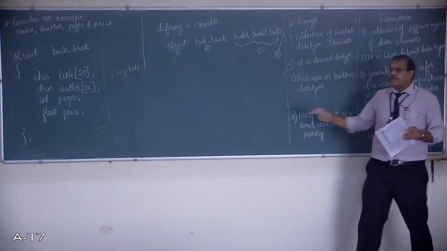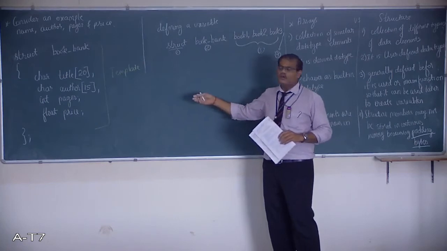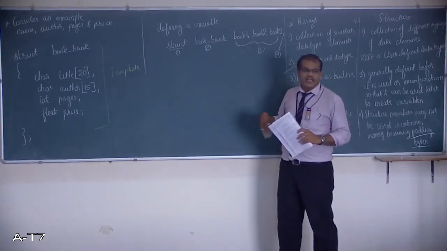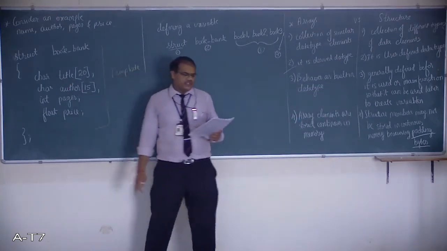Generally, the third type is not at all used. Why? Because that is the biggest disadvantage of using a structure without a tag name: I cannot declare the variables anywhere else in my program, but I have to declare them at the end of my structure template only.